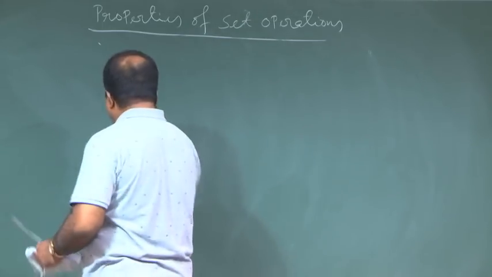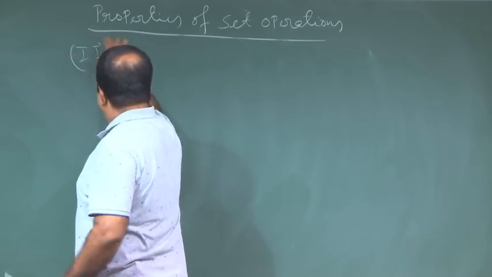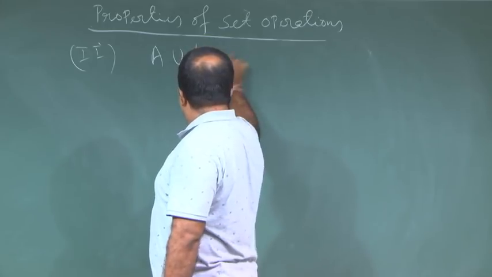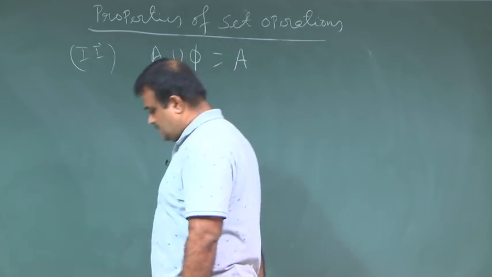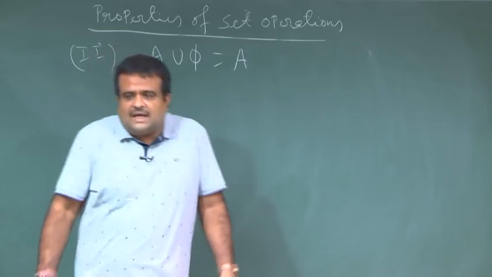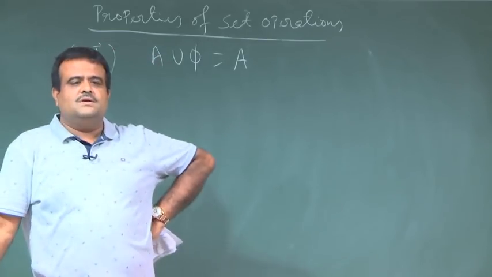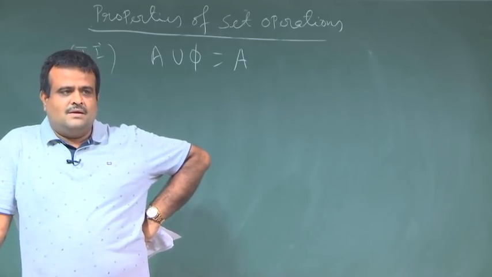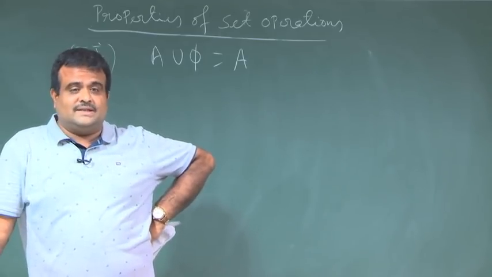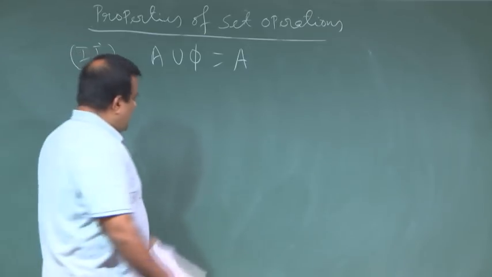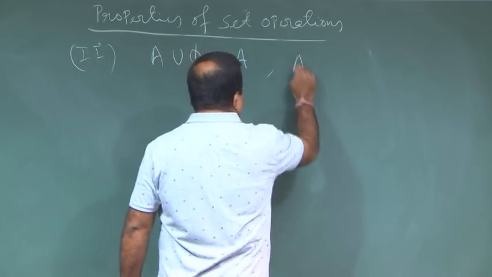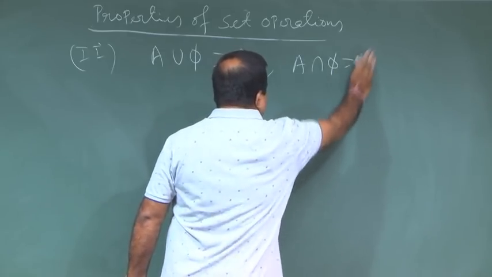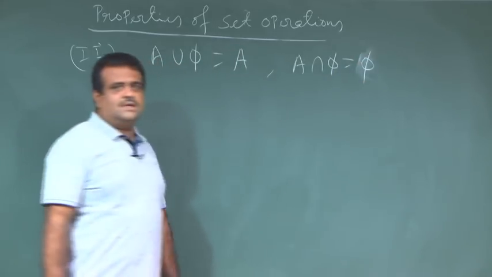Now, another property is with the null set: A union the null set equals A, because the null set consists of no elements. So if you take the union with any other set including the null set, it will be that set. And A intersection the null set is empty, because there is no common element.